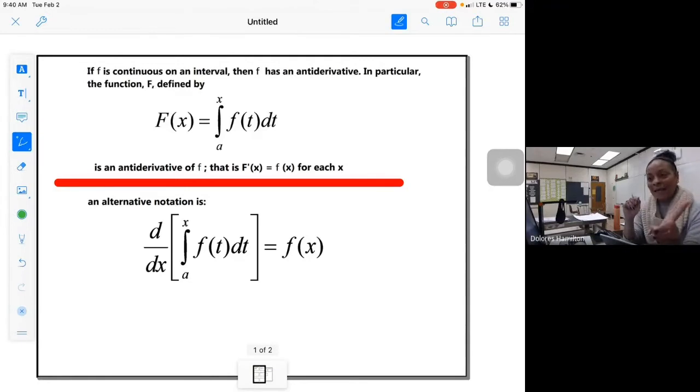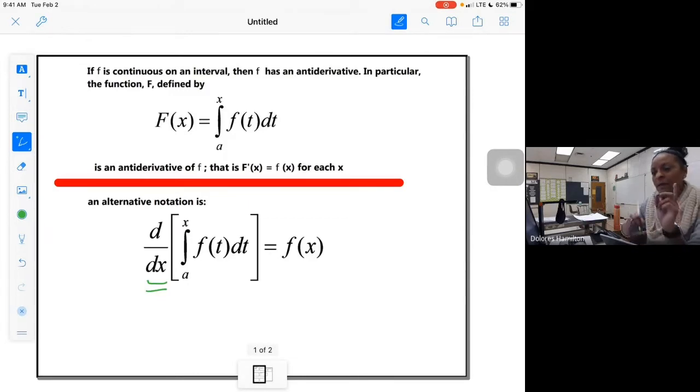So the second one is where it's different. And folks, I want you to compartmentalize this, put that second one in a different bubble than the others. Because what this is saying is we don't actually have to antiderive if I'm taking the derivative of a definite integral.